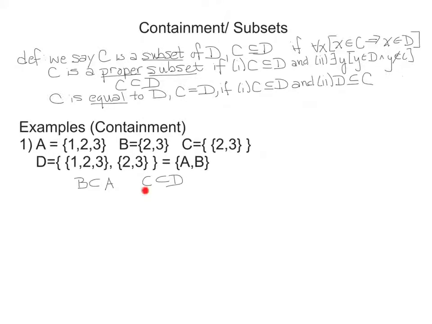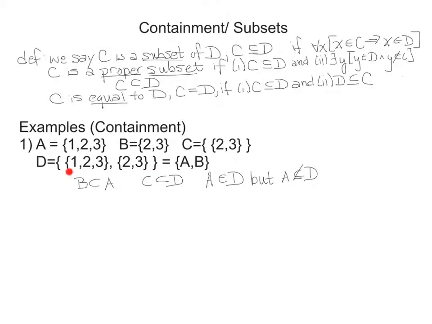We also have that C is a subset of D because everything in C, and there's one element in C, the set {2, 3}, is also in D. It's a proper subset because there's an element in D, the set {1, 2, 3}, which is not in C. We have A is an element of D, because here is A, which is an element of D, but A is not contained in D because A contains the element 1.